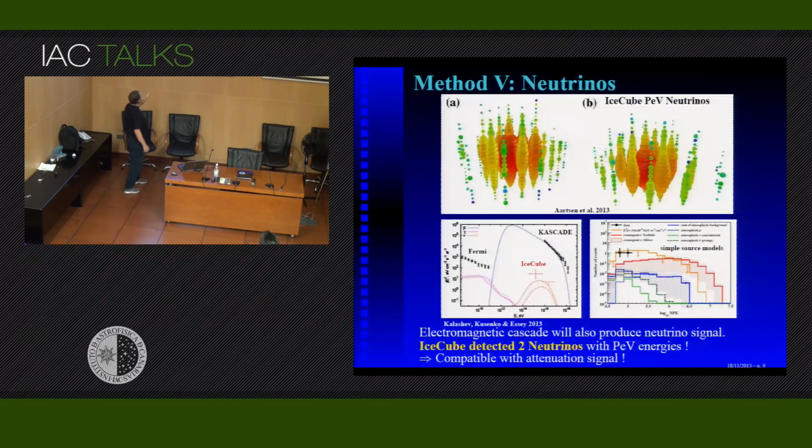And if you take some kind of very simple models here, you see that you're not so far off from the signal. So again, that gives you a completely independent measurement of all these processes. So you can try to make a consistent picture, combining all these different processes, because you now can even include the neutrino signal.